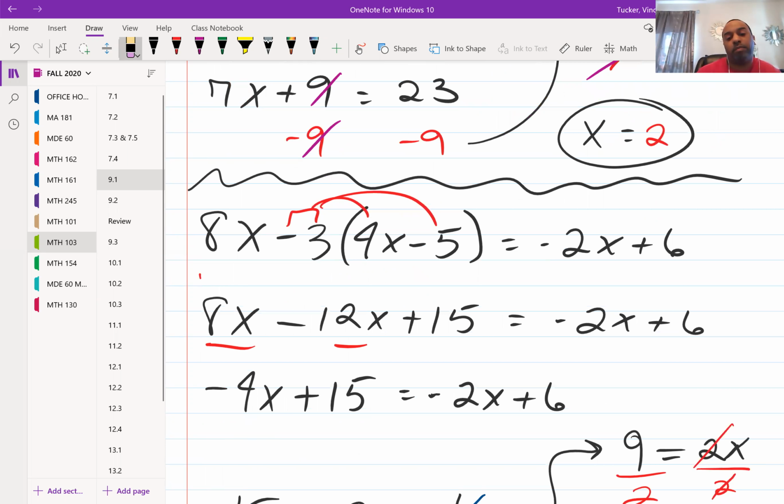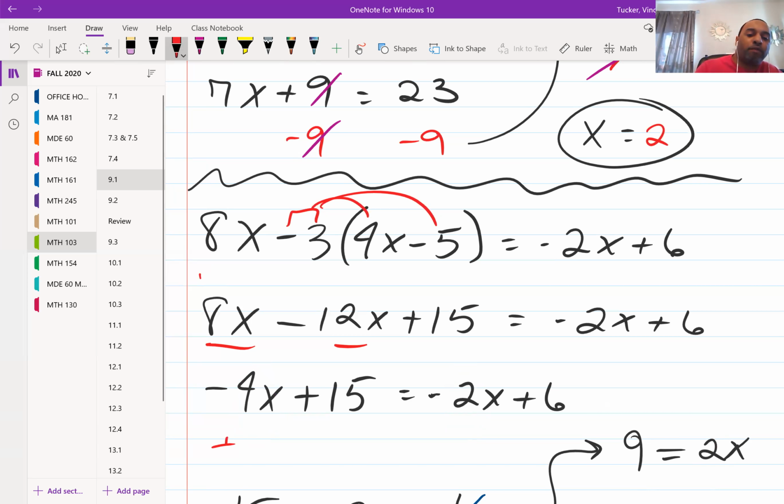All right. So now we have negative 4x plus 15 equal to negative 2x plus 6. So now we're at that scenario again in which our goal is to get all of our terms with x on the one side of the equation, all of our terms without x to the other.